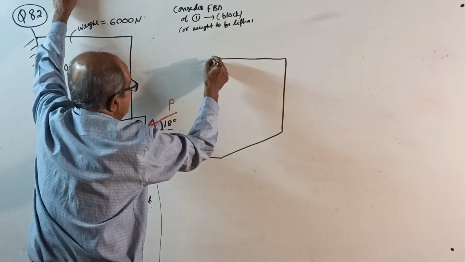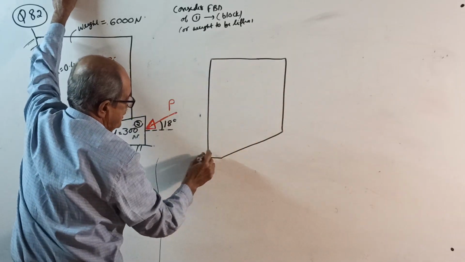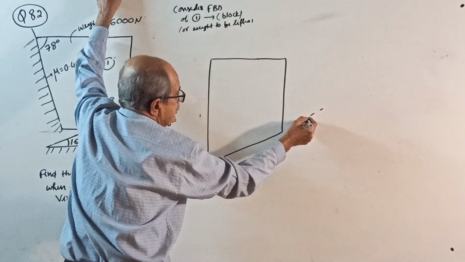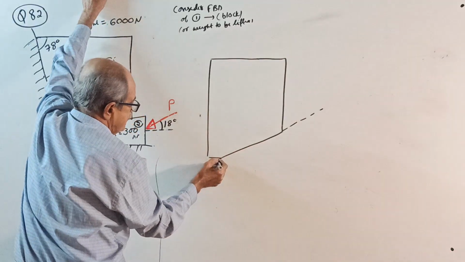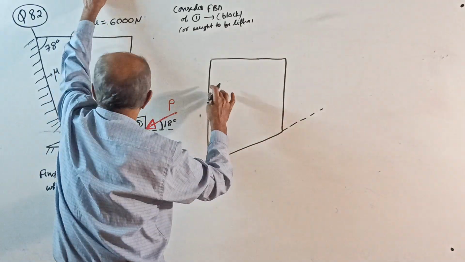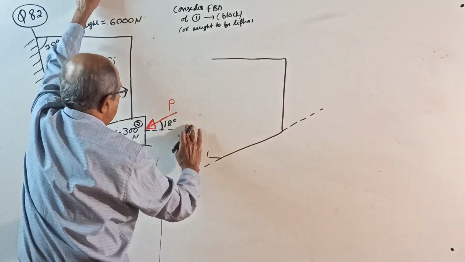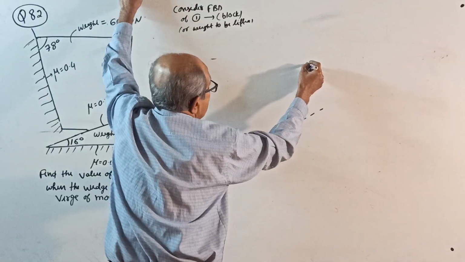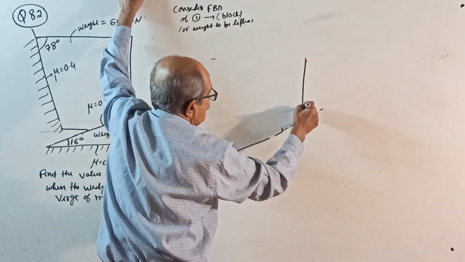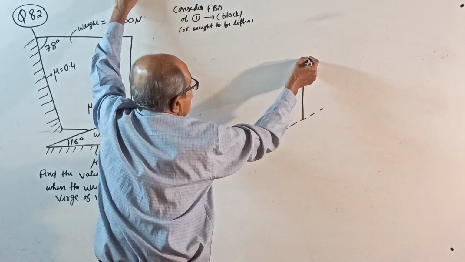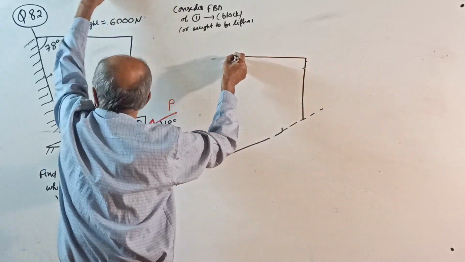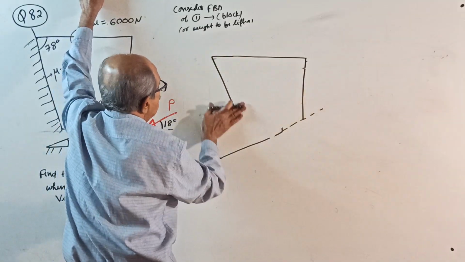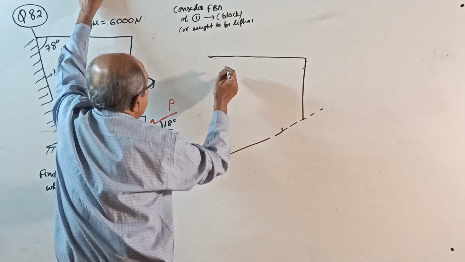This is inclined, correct? I should have moved a little to this side. Okay, no problem. I want more space. Not to scale, actually 78 degrees.